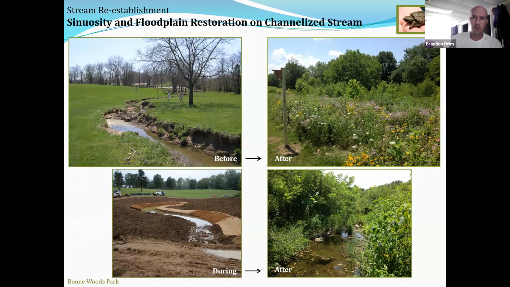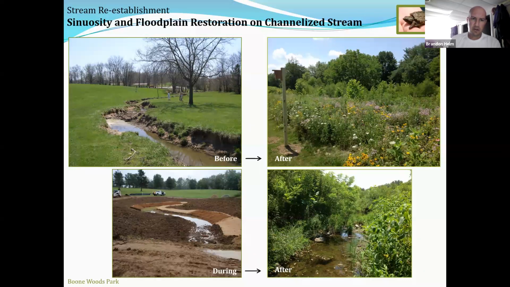So I just wanted to show some examples of our projects, cool before and after demonstrations to close out here. So this was that stream reestablishment at Moonwoods. The photo in the top left was the original channel, not very attractive to people or wildlife. They were mowing right up to the edge.